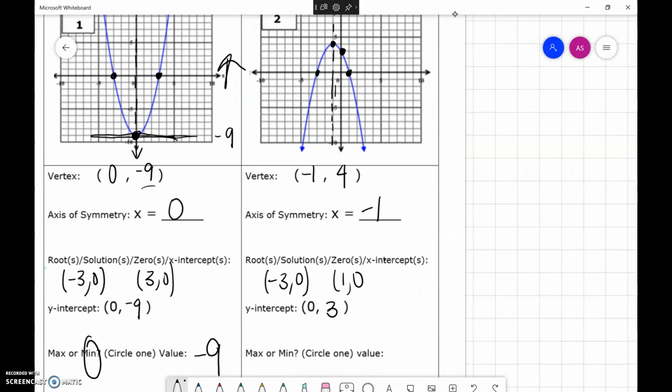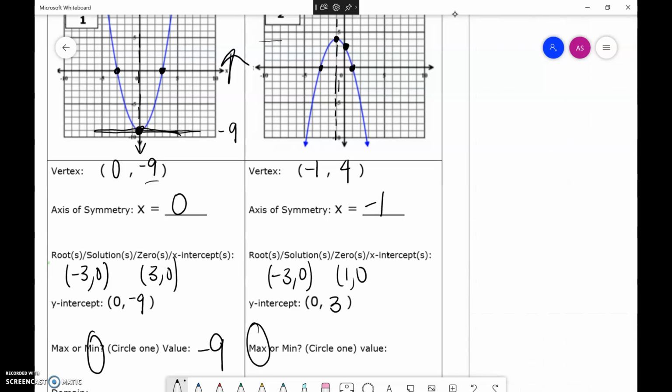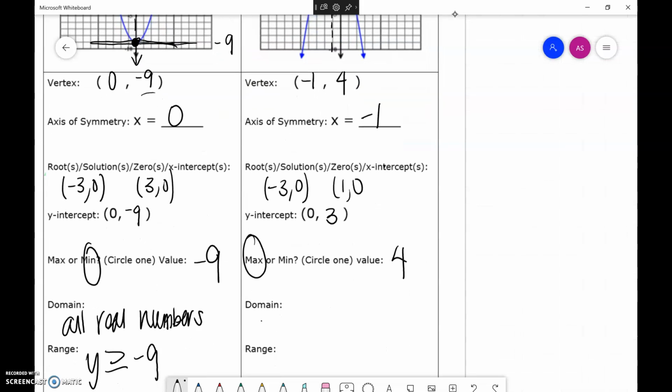Now this time, our vertex will be a maximum value because this 4 is at the top, so our maximum value will be 4. Domain is still going to be all real numbers because this is still a quadratic function.